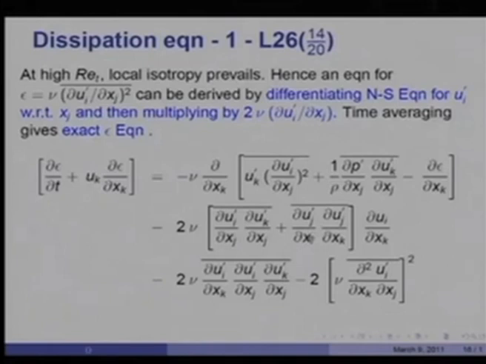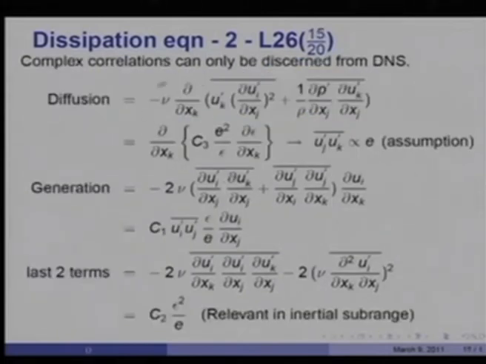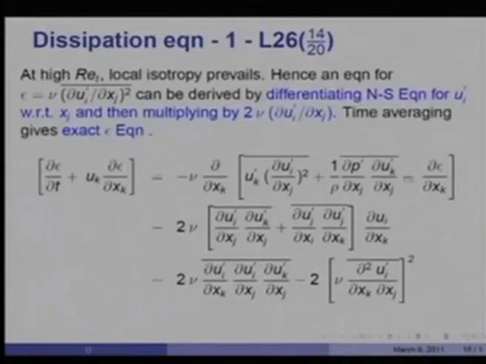This contributes to the production of kinetic energy, and these two are the dissipation of epsilon itself. Now, the complex correlations can be discerned from the DNS. So, how can we model these complex terms that you see here?